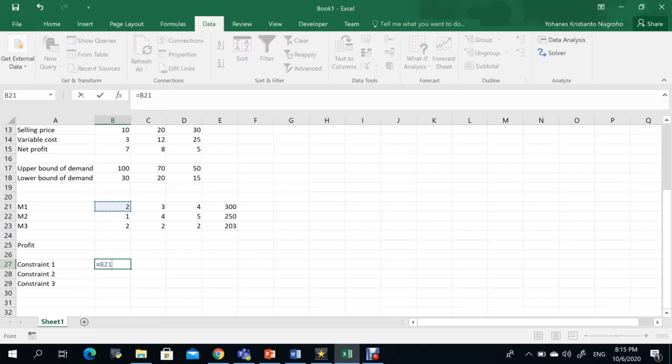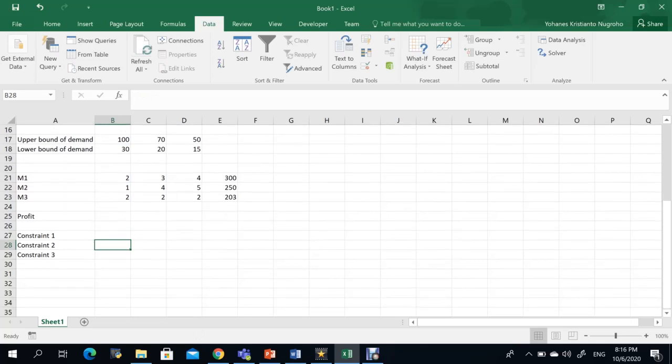So it is 2 times. Alright, before that, we need to get also the decision variables here. That is how many A, B, and C should be produced. So this is the decision variables.